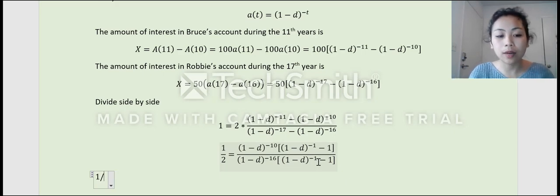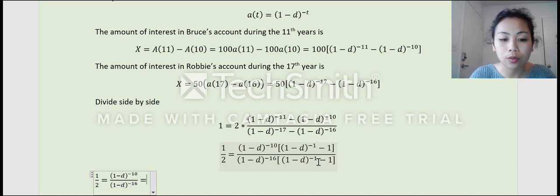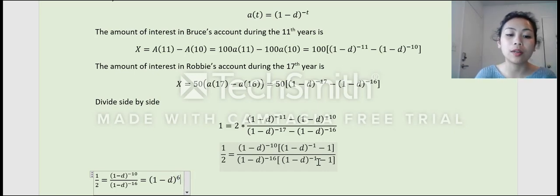So we have 1/2 equal to (1 minus d) to the power of negative 10 over (1 minus d) to the power of negative 16, and this equals (1 minus d) to the power of 6, and from here we will be able to find 1 minus d.